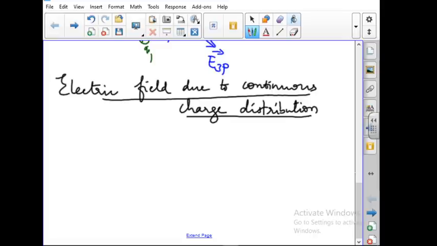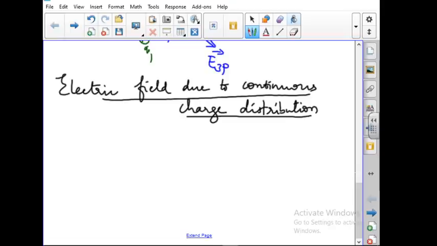So the continuous charge distribution is a system in which the charge is uniformly distributed over the conductor. In a continuous charge system, infinite number of charges are closely packed and have a very little space between them.